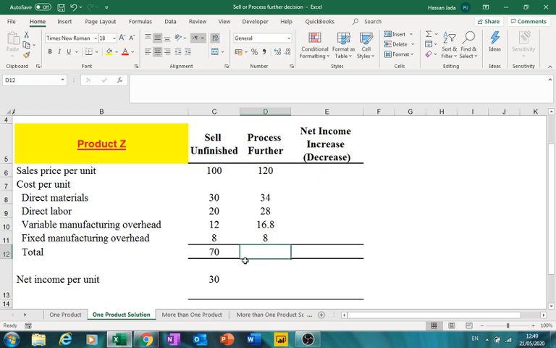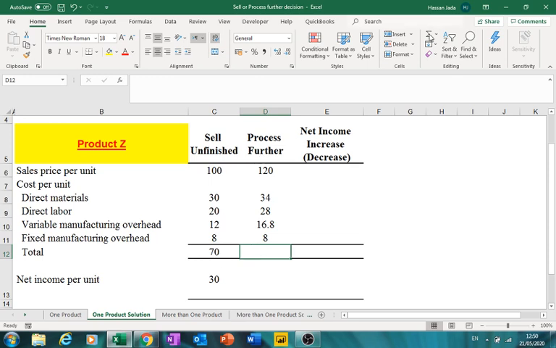We assume that the total units produced and sold from the unfinished and the finished product will be the same. If we produce 1000 units of unfinished product, then we anticipate to produce and sell the same amount, 1000 units, of the finished product.